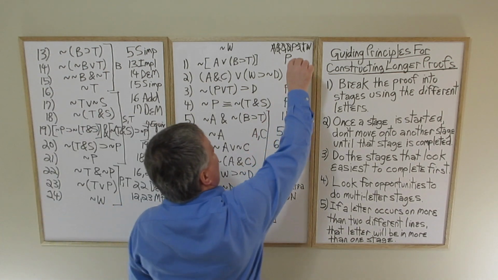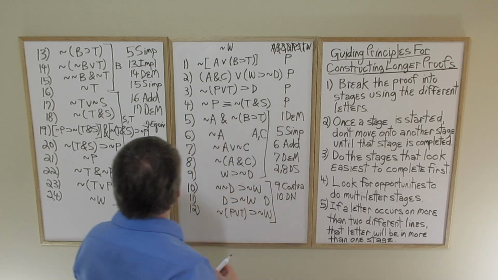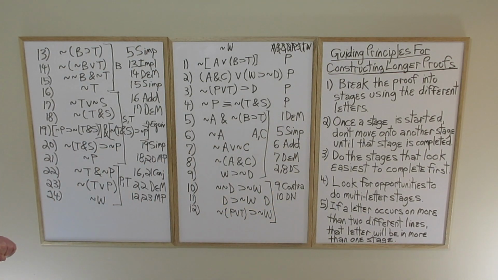So this gives us our P stage and our second T stage. In this particular proof, we've got 20 lines of inference. It starts to get a little tricky to keep in your head how to carry out 20 sequential lines of inference in an organized way.